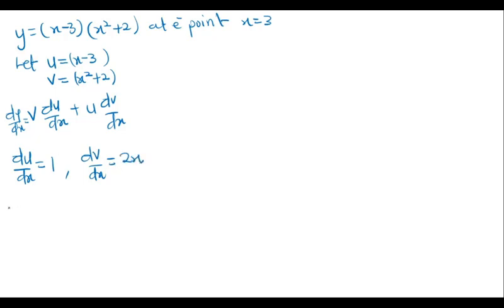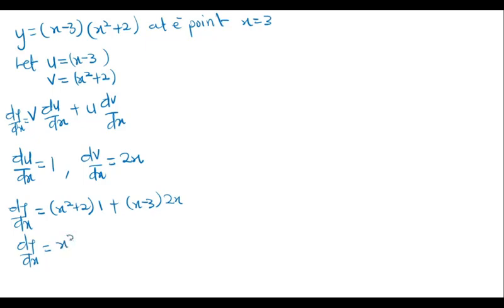So dy/dx is equal to v, which is x squared plus 2, times du/dx, which is 1, plus u, which is x minus 3, times dv/dx, which is 2x. So we expand the bracket, and then we get our answer.